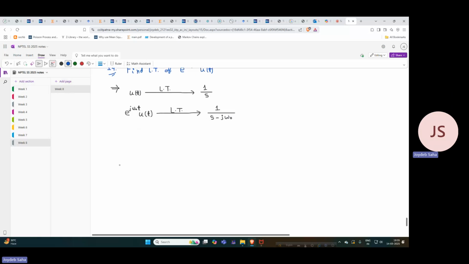Right? Now question number 15 is very interesting. Find the Laplace transform of, first we'll solve for cos, cos omega 0 t u(t).